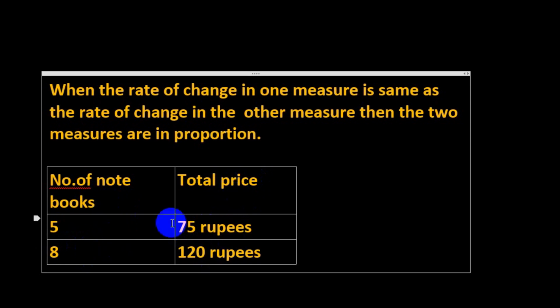Both these measures change at the same rate. We will say these two measures are in proportion. The rate of change in one measure is the same as the rate of change in the other measure, so they are in proportion. Therefore, for an item and the total price, if we purchase from the market, whatever the item may be, its quantity and the total price are in proportion.